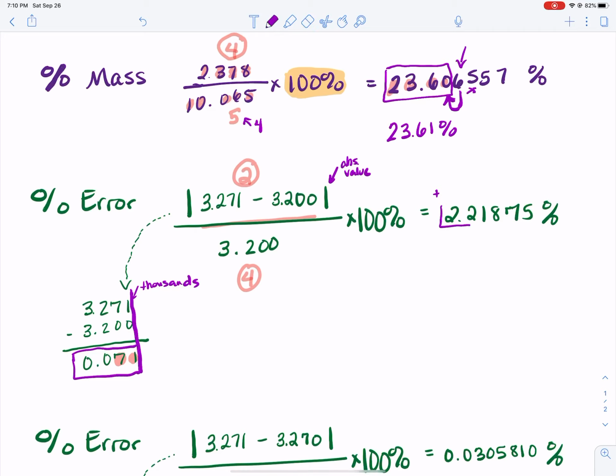So that has 2 sig figs. The 1 does not round the 2 up, so the answer is 2.2%. When you subtract, you often may find that you lose sig figs. And that is fine.